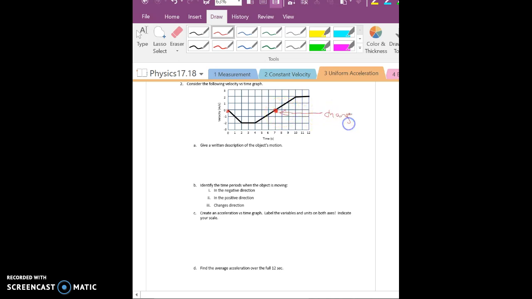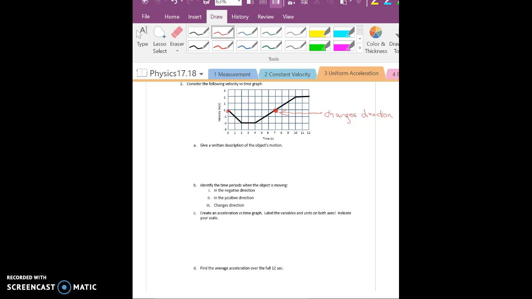All of a sudden, the velocity becomes positive. That means that it's moving in the positive direction. So it changed direction. Now it is speeding up in the positive direction from time 7 to time 10. And then when it reaches a velocity of 2 meters per second at time 10, it begins moving at a constant velocity for the next 2 seconds.